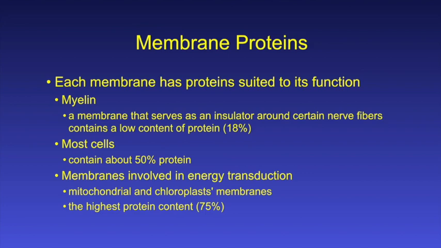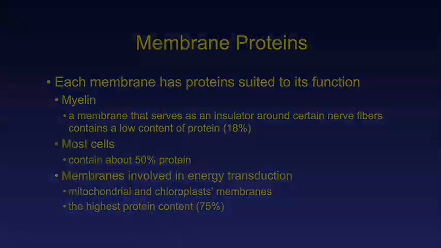Most cells have about 50% protein, 50% fat, or the lipids themselves, and in the membranes in the mitochondria you can have as much as 75% protein, because remember, all the processes happen inside the membrane-bound proteins. So depending upon what you're looking at, there's a diversity.